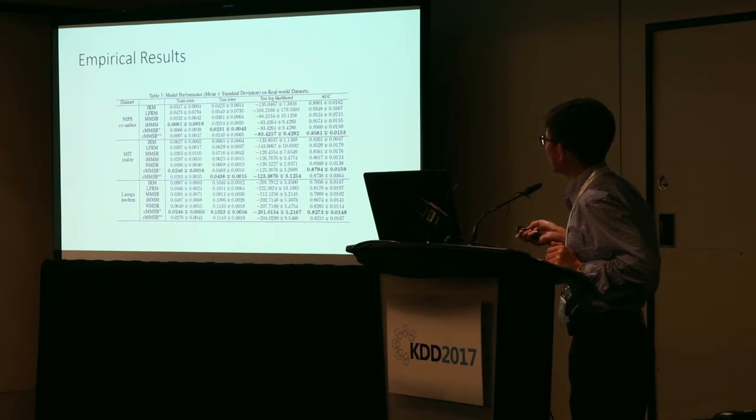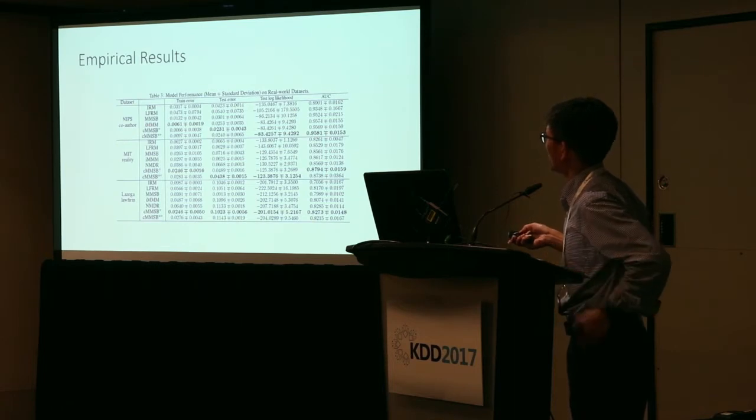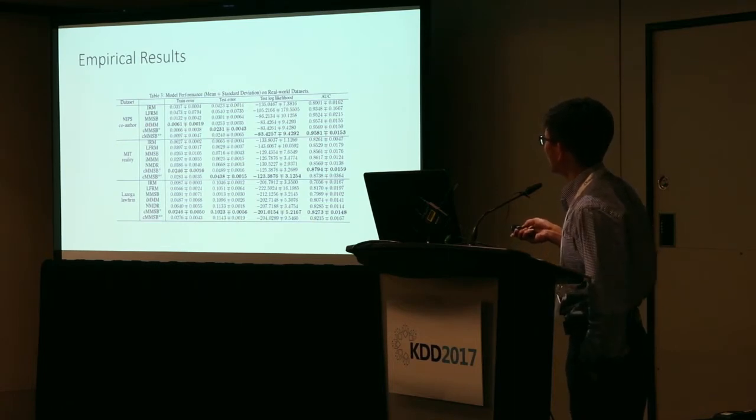If you look at the performance, the training error, test error, test log likelihood and AUC, you can see these two models can beat all other models on the data, except the infinite mixed membership model. Even though that model has lower training error, our prediction is higher.